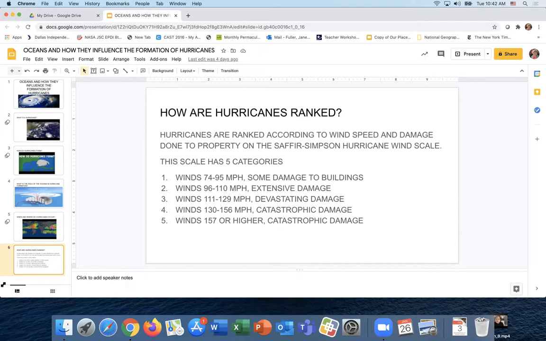And we've had quite a few hurricanes of Category 4 and 5 hit Texas off the Gulf of Mexico. When you do your research on hurricanes, be sure and look up the 2005 hurricane year.